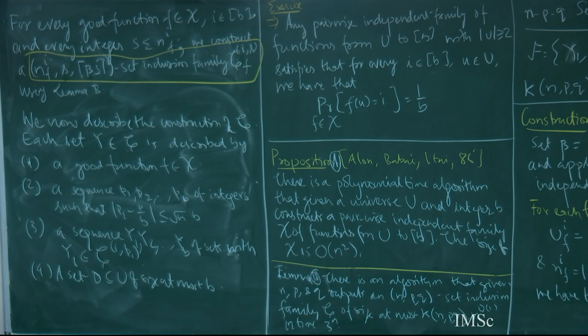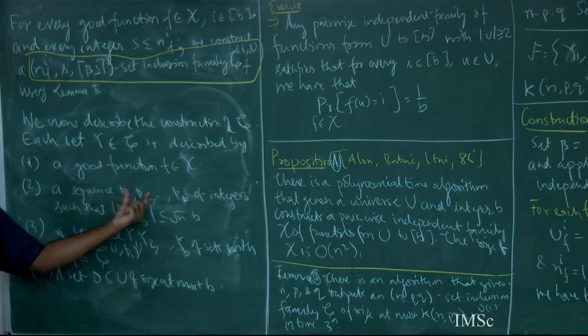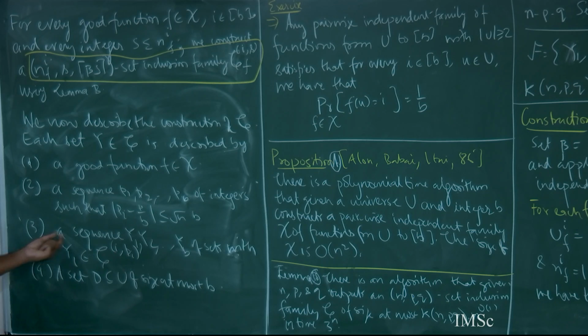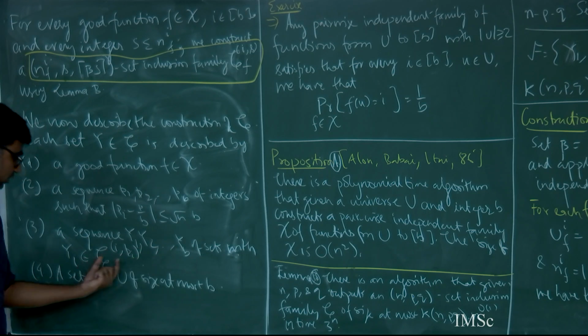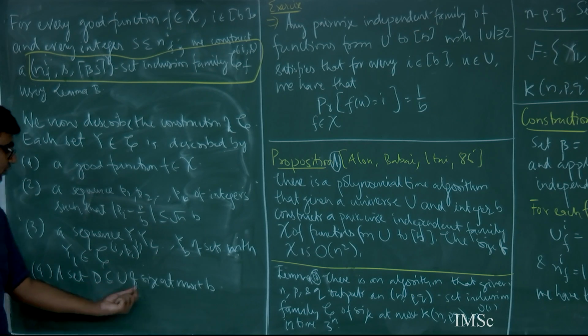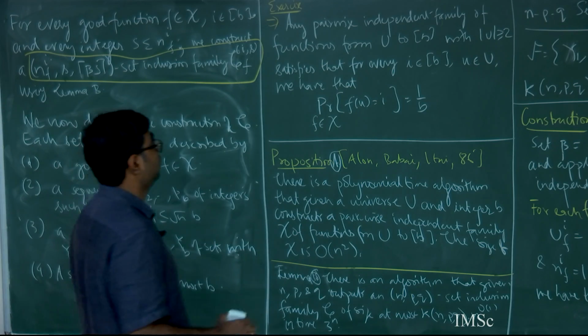So this is my construction. It's basically a tuple where first is a function f, which is good, and then a sequence of integers p1 to pb where this property is satisfied. Third, sets y1 to yb belonging to this, and a set D, a subset of U of size at most b.